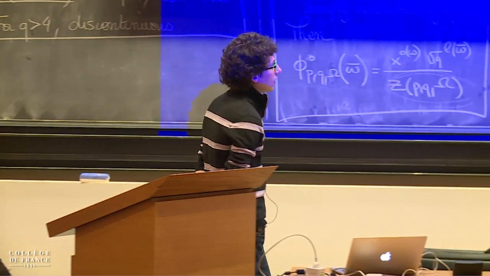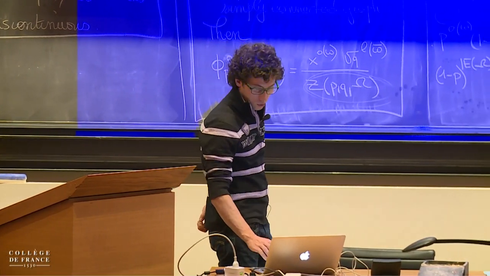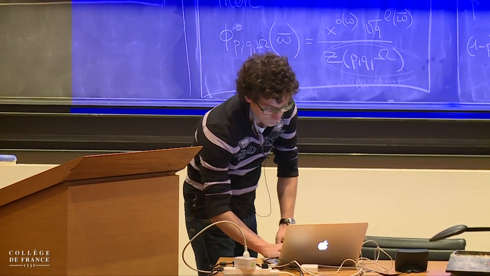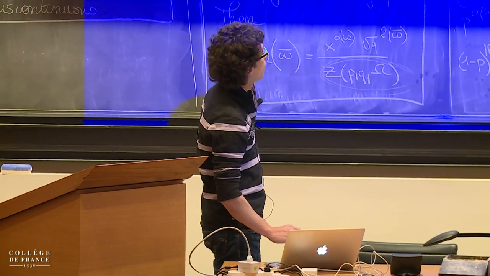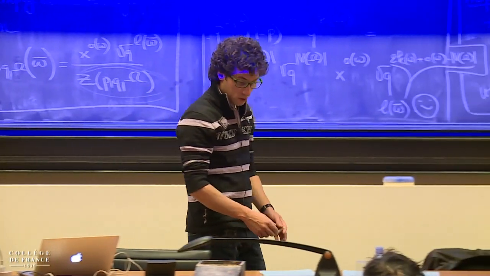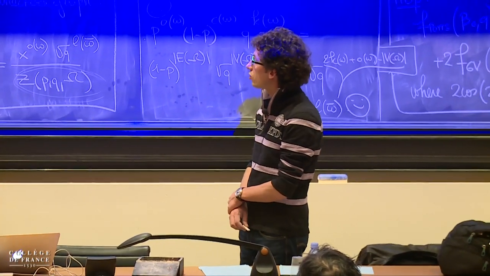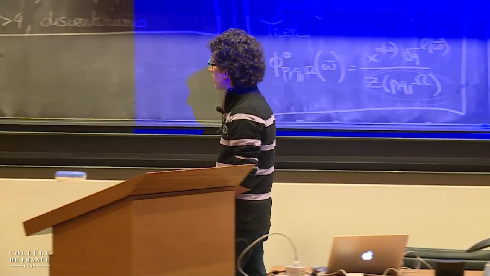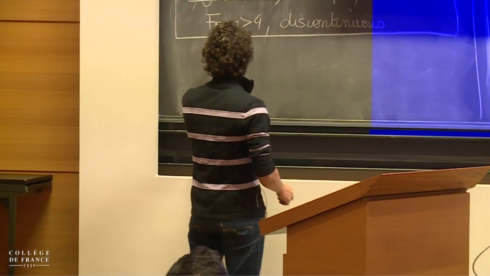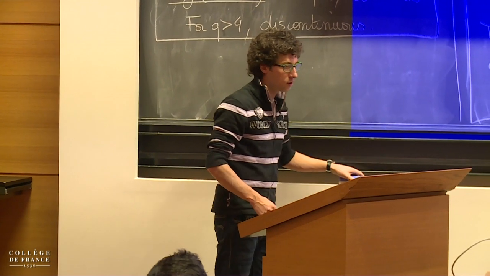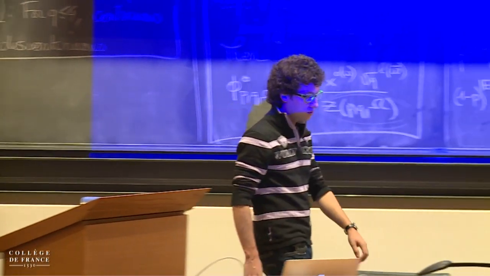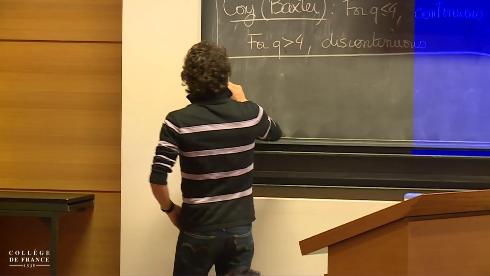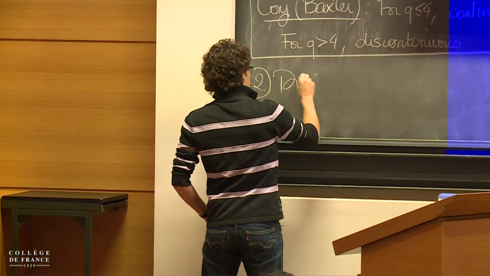So now I'm going to try to prove to you that for Q very large, it's discontinuous. Okay? So this is known for a very long time, but the proof I'm going to present, I never saw it anywhere else, and I think it's short. So it's not the most efficient one, but it's short. So, second section, discontinuity.